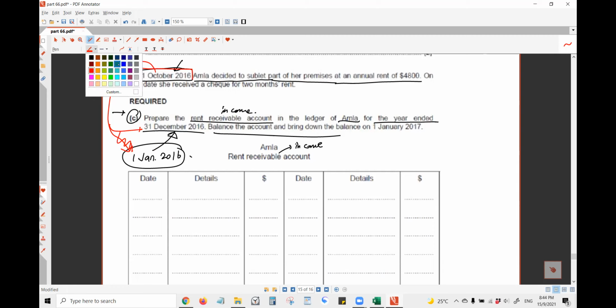So Amla is entitled to 3 months' worth of rent. You take this times 3/12. You know why it's 3 months? From the first day Amla rented out that place until the year end: October, November, December. You must include October because you start with October first.